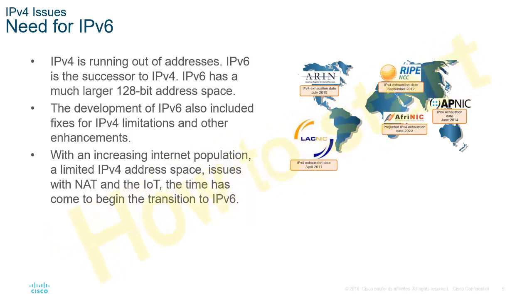Well, the problem with that is these addresses were exhausted already. You'll notice a lot of these dates are 2015, 2012, 14, 11, 2020. All of these have already passed. So that means almost every country has already exhausted all of their IPv4 addresses. Hence the need for IPv6.